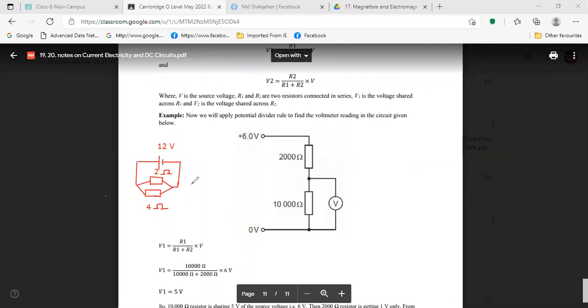You calculate the combined resistance of these two resistors. That is the resistance of the whole circuit. You got two resistors, 2 ohms and 4 ohms.